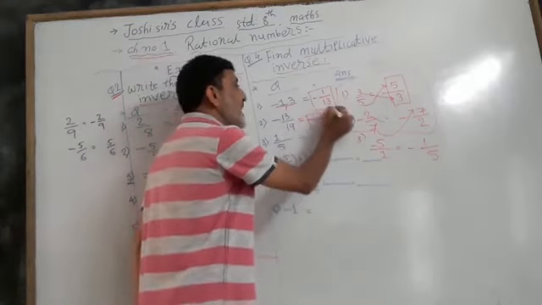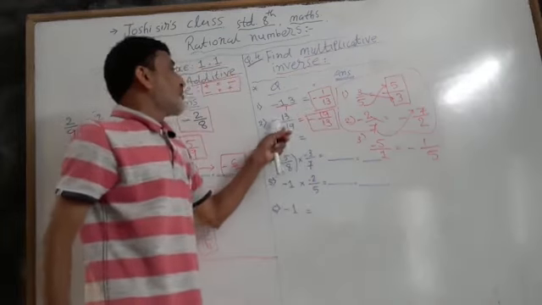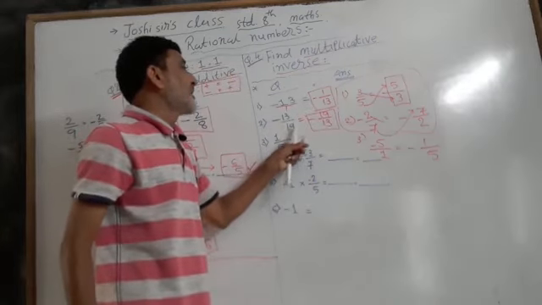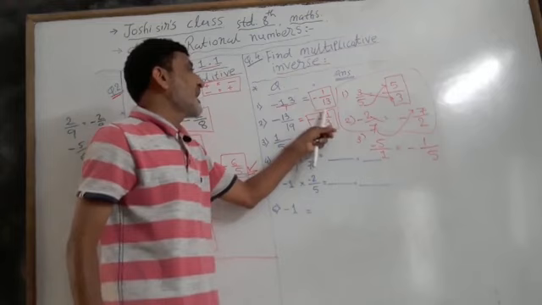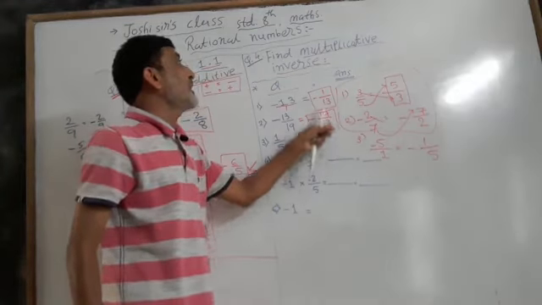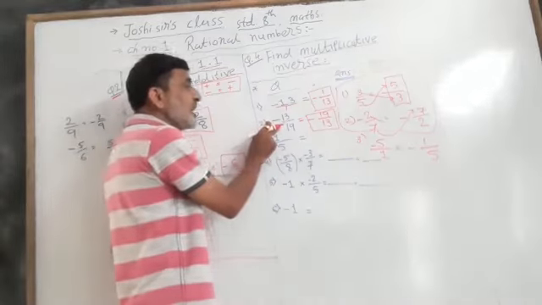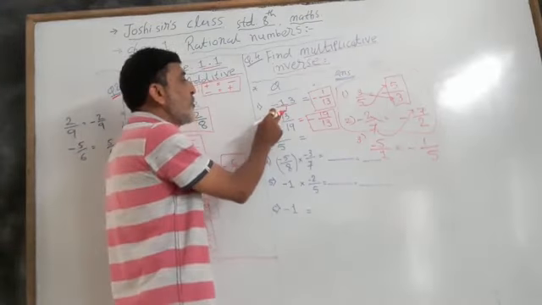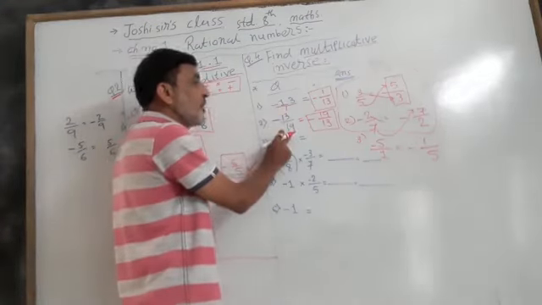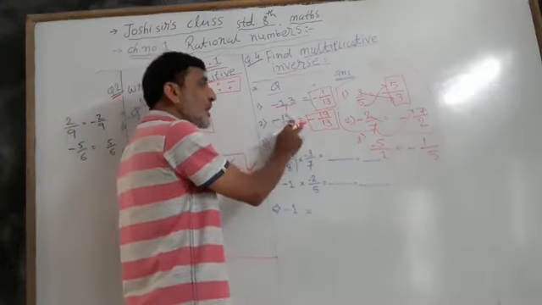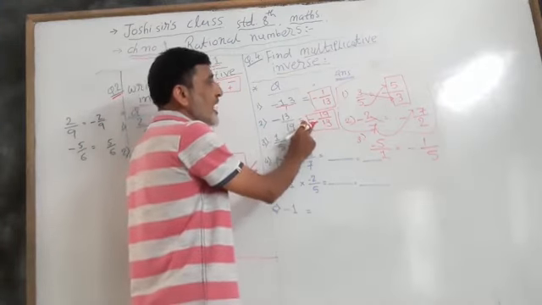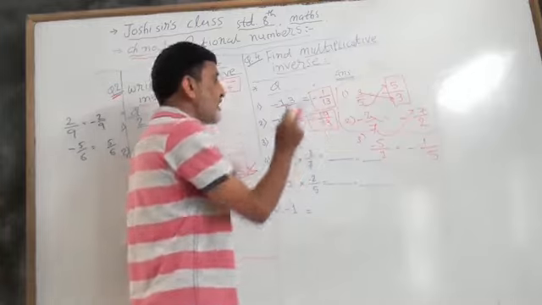So what is the final answer? Minus 19 upon 13. That means we are finding here multiplicative inverse. So multiplicative inverse of minus 13 upon 19 is equal to minus 19 upon 13.